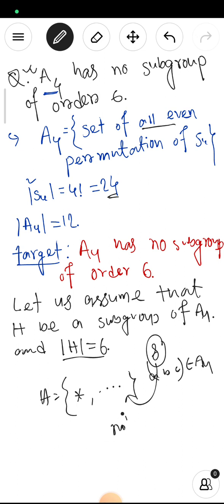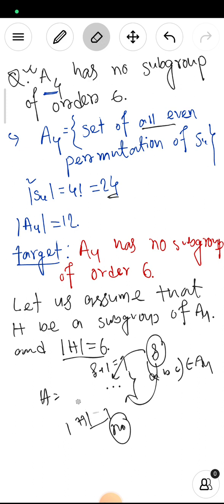No. Why? Because the order of H is equal to 6. If all the 3-cycles in A4 belonged to H, then the order of H would become 9, because there is the identity and 8 other 3-cycles. So 8 plus 1 equals 9, but we assumed that the order of H is 6. So it is impossible that all the 3-cycles belong to H.